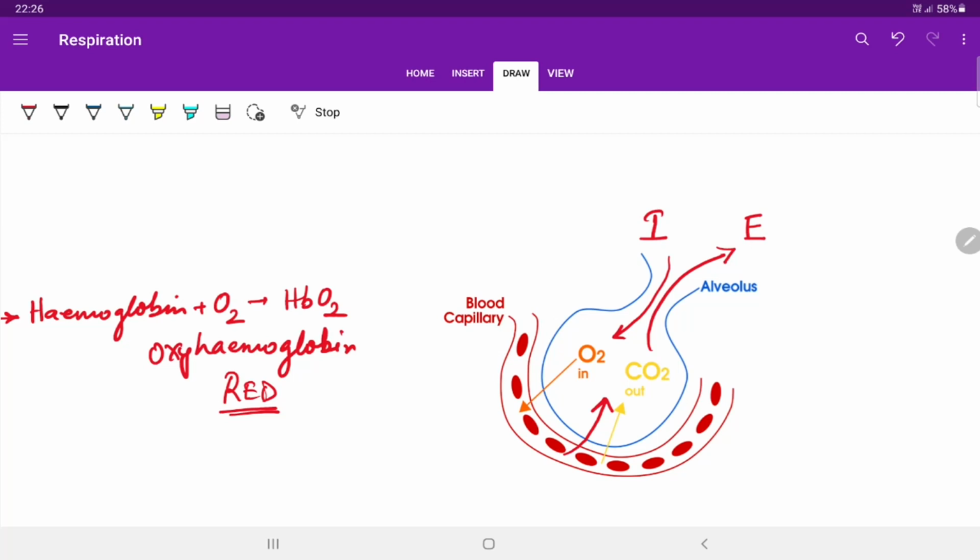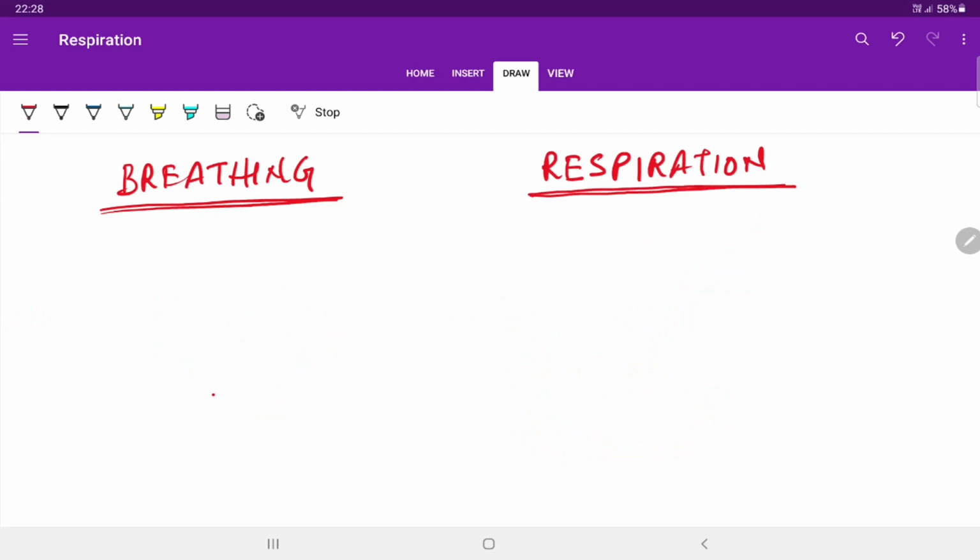In this manner, we have understood how the organs involved in the respiratory system carry out the process of breathing. We now understand that there is a striking difference between breathing and respiration. So, we will quickly look into some important points of differentiation between breathing and respiration.